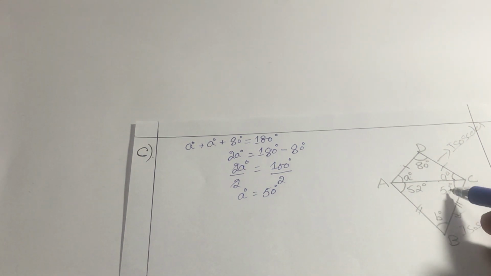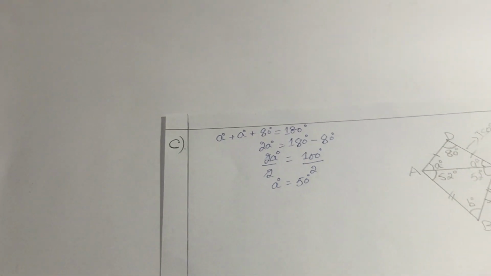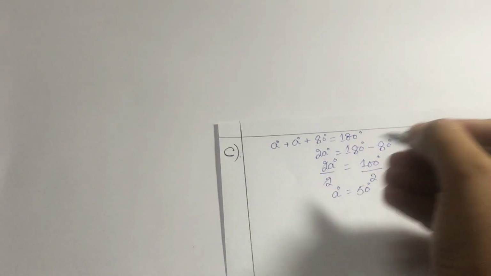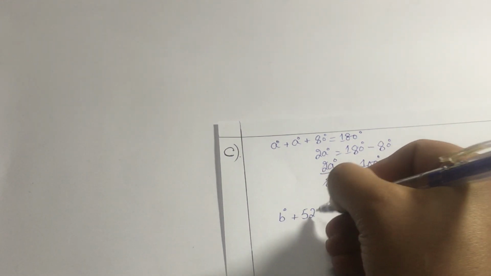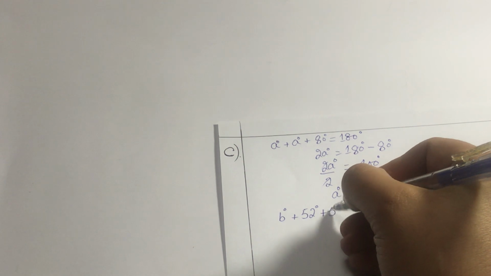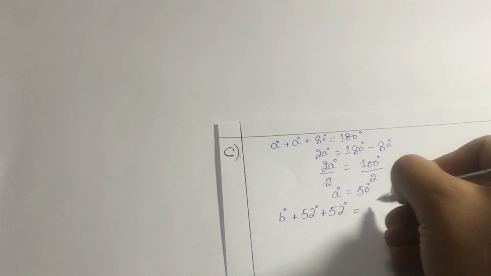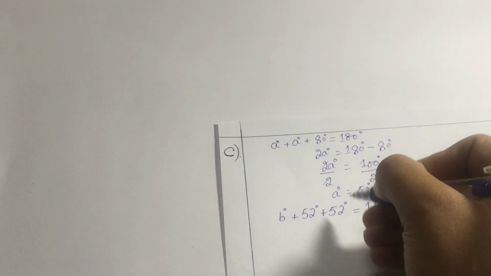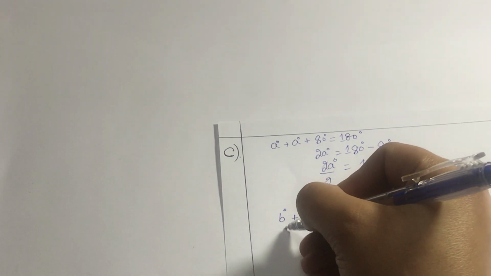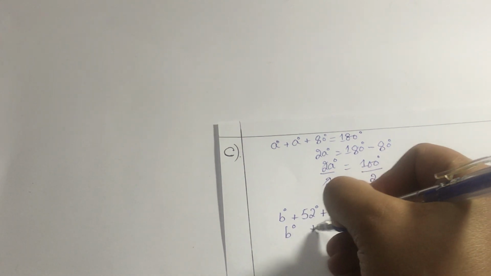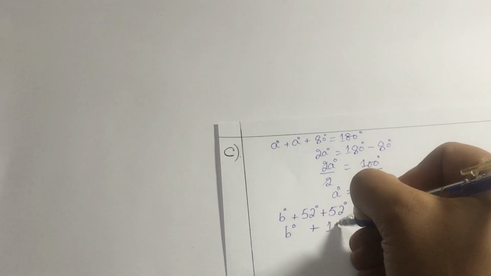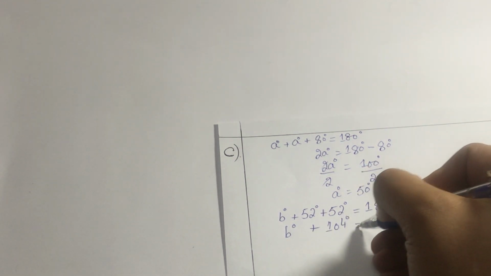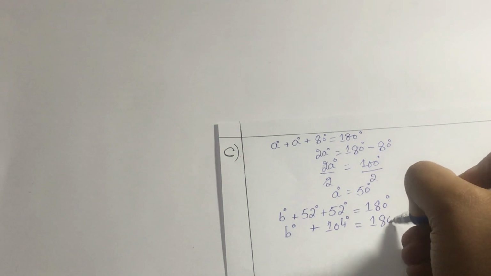So, b degrees plus 52 plus 52 would be equal to 180 degrees, right? So, b degrees plus 52 plus 52, yes, it's 104, and it's equal to 180 degrees.